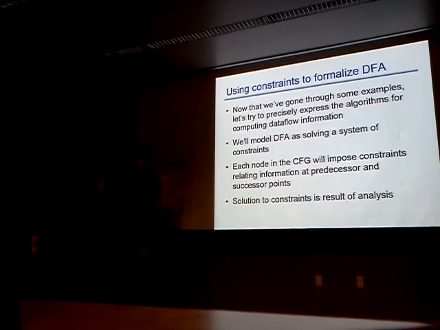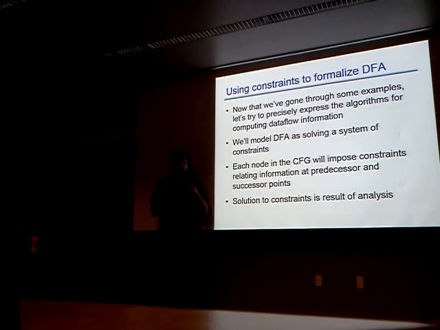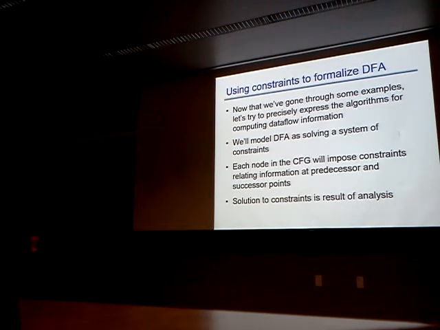So here's one of the key ideas of a data flow analysis engine, and this holds across all data flow analysis engines: we're going to model this data flow analysis as solving some constraints. Each node in the control flow graph will impose constraints. Basically every node has one edge coming in and one edge coming out. Well, that's not true. Some nodes have 2 edges coming out, some nodes have 2 edges coming in, but more or less they have some edges coming in and some edges coming out. Each one of those edges in the control flow graph has some information.